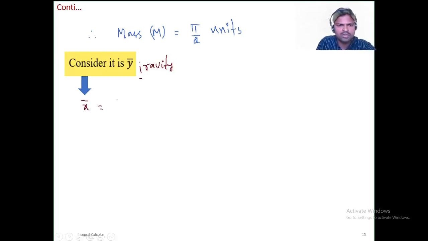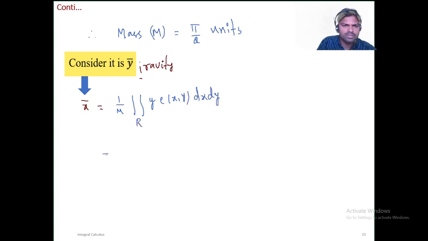X bar is nothing but 1 upon m, double integration of y into density function rho of x comma y, dx dy, over R. So same story, you proceed. So 1 upon m, so 2 upon pi, double integration. Again r is from 0 to 2, and theta is varying from 3 pi by 4 to pi.